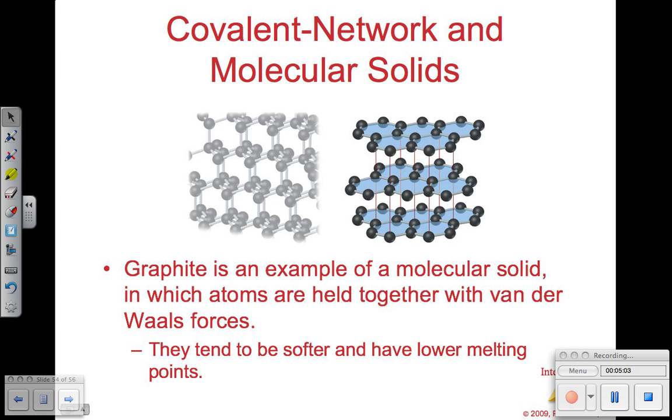When your graphite pencil goes across the page, these sheets of carbon are coming off in the form of graphite. The individual sheets are pretty strong, but what's holding the sheets to one another is not nearly as strong because they're van der Waals forces. They're weak intermolecular forces, so they tend to be softer and have lower melting points.